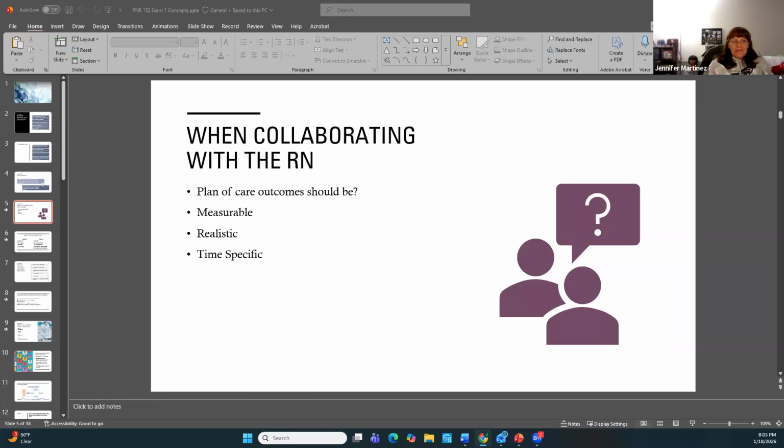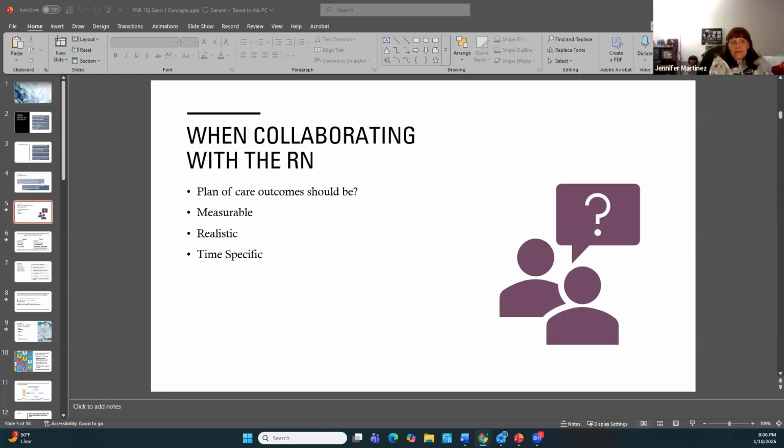When we look at outcomes, we know when we're writing outcomes, they need to be SMART goals. So they need to be measurable, they need to be realistic, and they need to be time specific. Realistic means attainable based on their condition and desires. Measurable tells you how you will know that the outcome has been reached. And time specific is an educated guess on how long it will take to achieve that outcome.